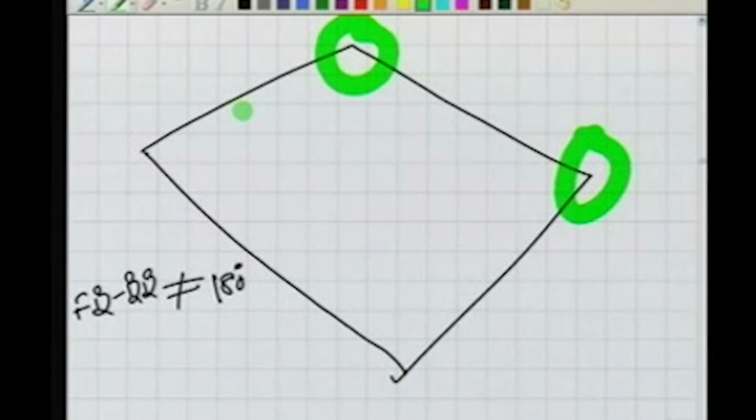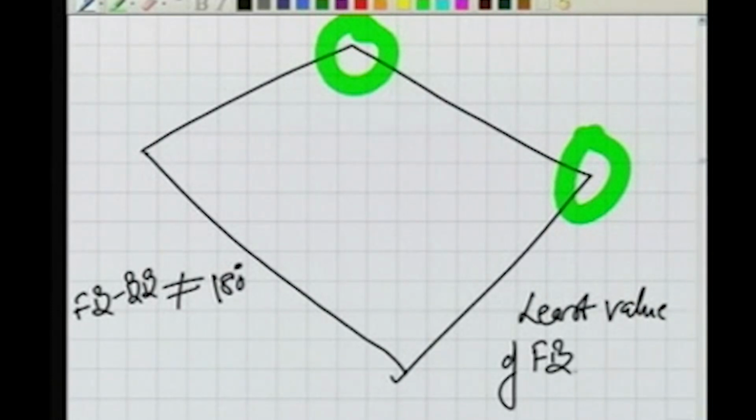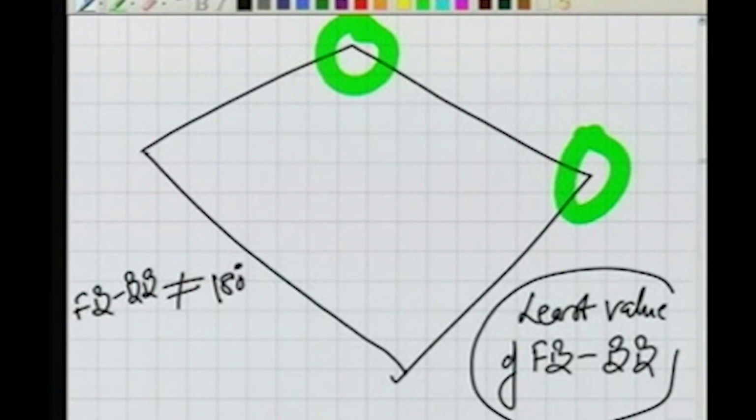If it is so, none of the lines is free from local attraction. There is some local attraction in each of the lines. What we look for? We look for the least value of this difference. Least value of fore bearing minus back bearing. For which line this is least? Because for one of the lines it will be least. So what we do, let us say for example, for this line this value is least.